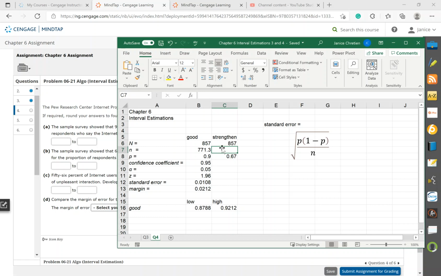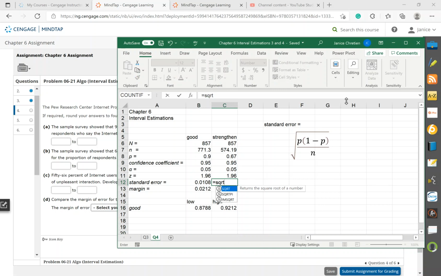So my N is going to equal my big N times my P. My confidence interval, my alpha and my Z are all going to stay the same. And now I can plug in the formula to get my standard error.